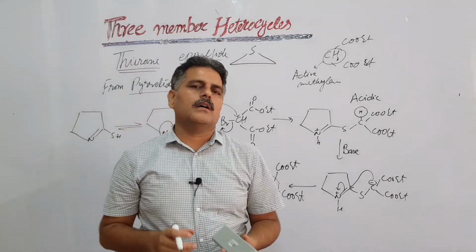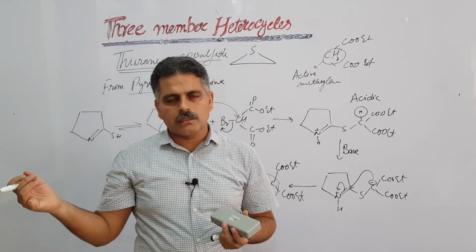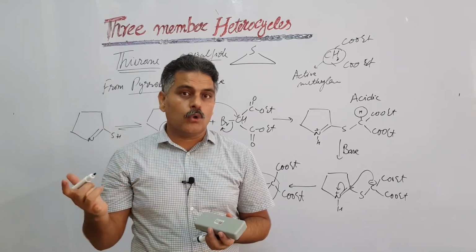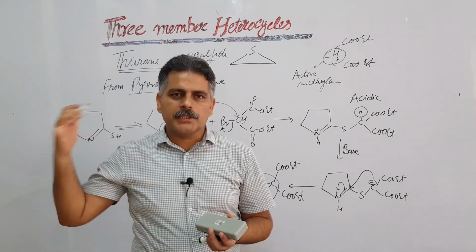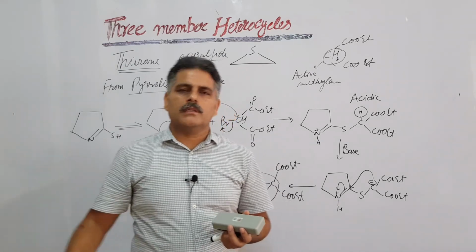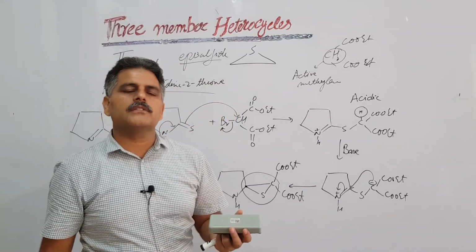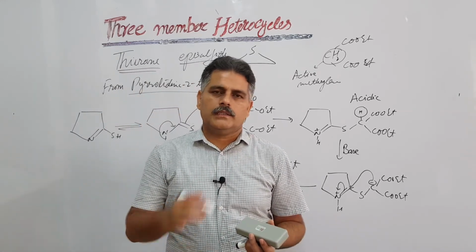So it means we can prepare Thiirane starting with beta substituted thiols. So beta substituted thiols, for example, beta halothiols or beta acetoxy thiols, or we have beta sulfonyl ethanol. So these different methods are used for the preparation of Thiirane.